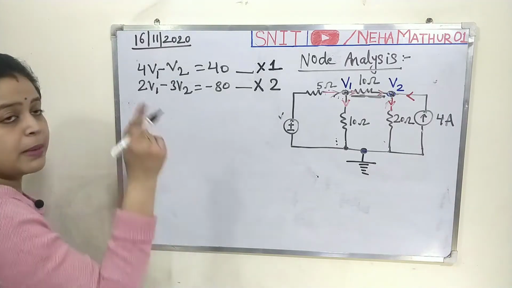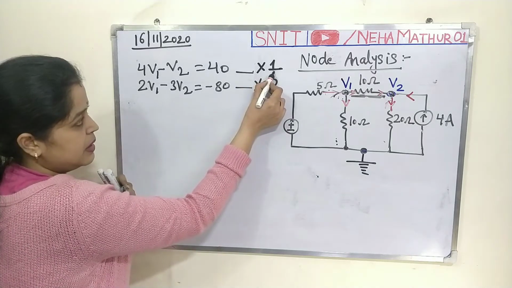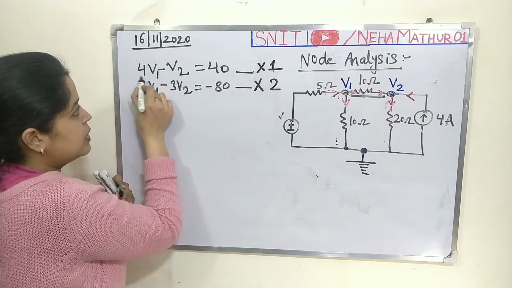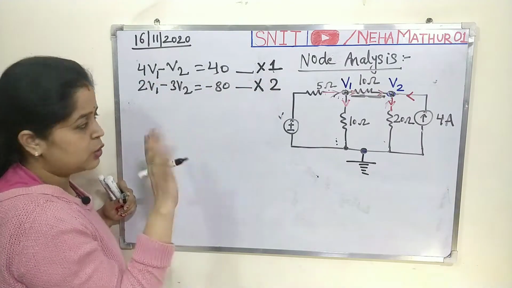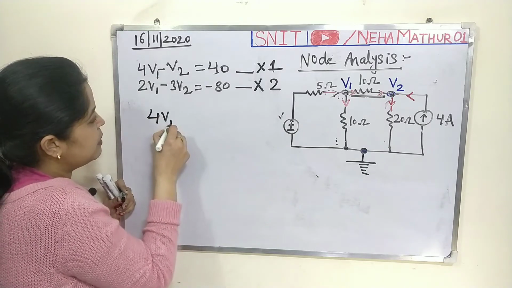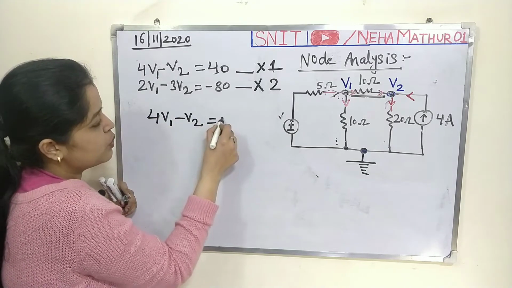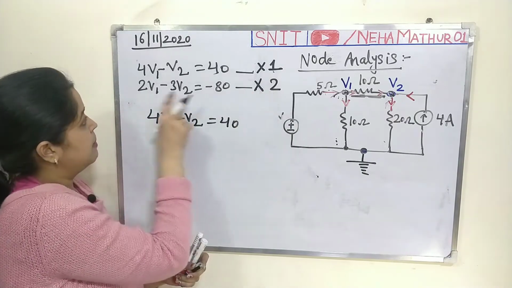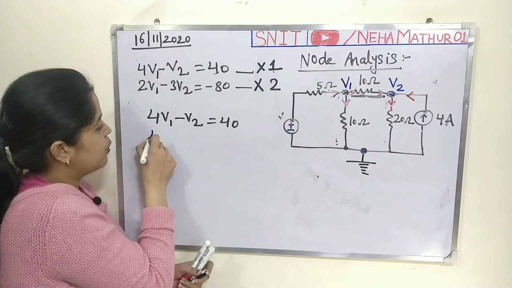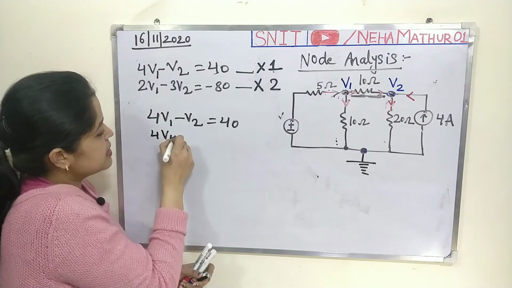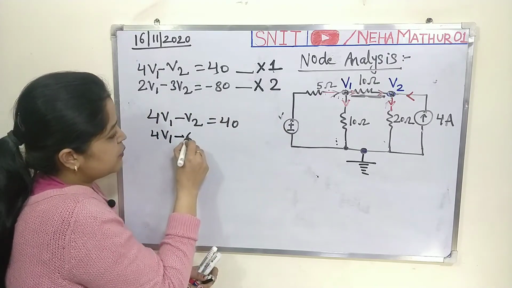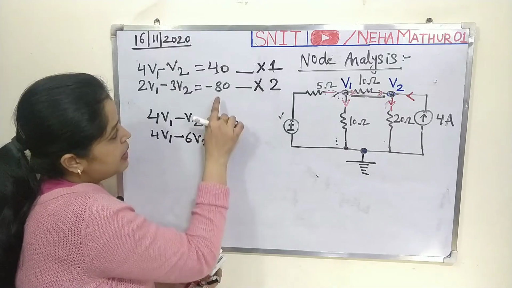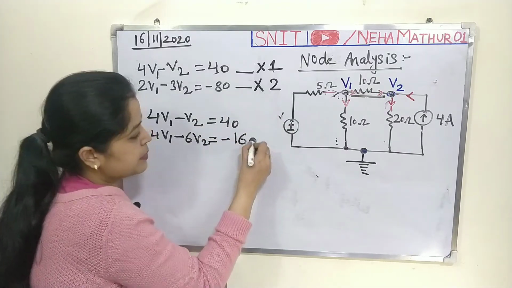So after the multiplication, what will be the result? When the first equation is multiplied by 1, no change. The equation will be 4 V1 minus V2 is equal to 40. While your second equation, when multiplied by 2, will become 2 into 2, 4 V1 minus 3 into 2, 6 V2 is equal to minus 8 into 20, that is 160.